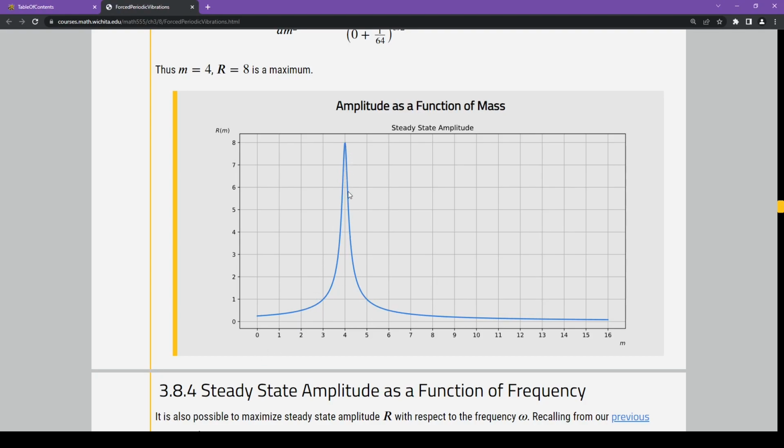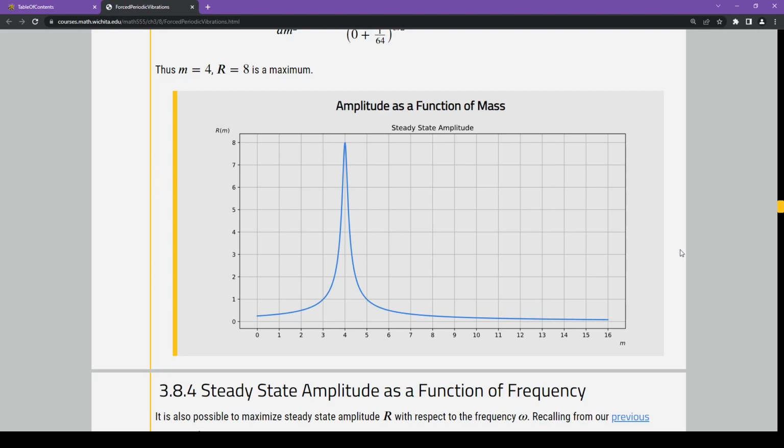Now, this is important because if you are designing some kind of oscillator, you want to be able to understand how you choose these parameters in order to get certain kinds of behaviors. If you want the most wildly oscillating system that you can have relative to the parameters, there's an optimal choice for mass.